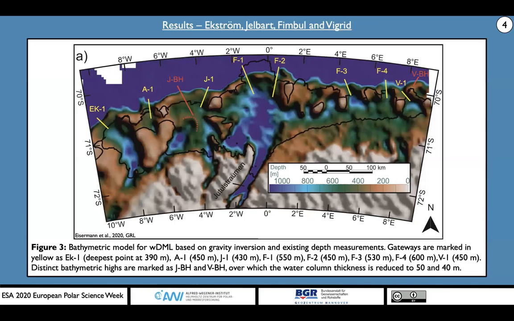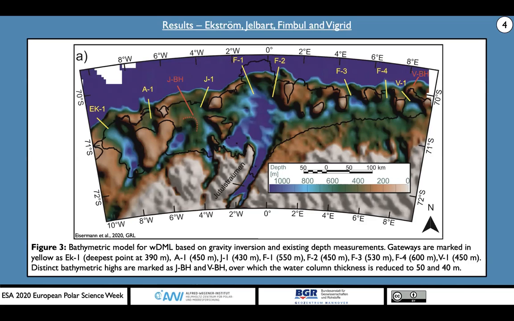Just looking at the bathymetric models of Western Dronning Maud Land, we can already see a couple of trends and general bathymetric features that all ice shelves in Dronning Maud Land have in common.